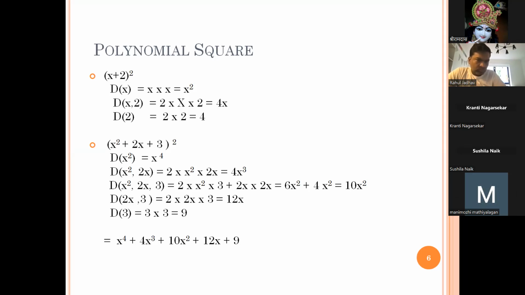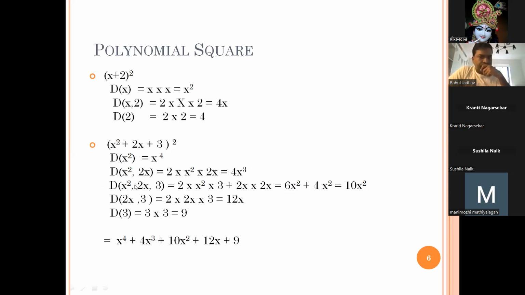Duplex of x square is x square into x square, which is x raised to 4, since by the rule x raised to m into x raised to n is x raised to m plus n. Then the duplex of x square and 2x, two terms, is multiplied by 2: 2 into x square into 2x, so 4x cube. Is the second step clear?